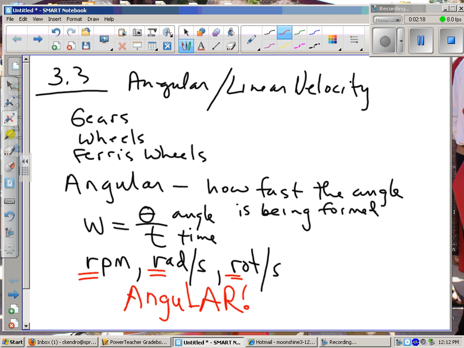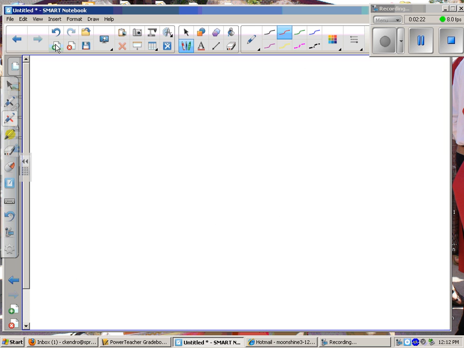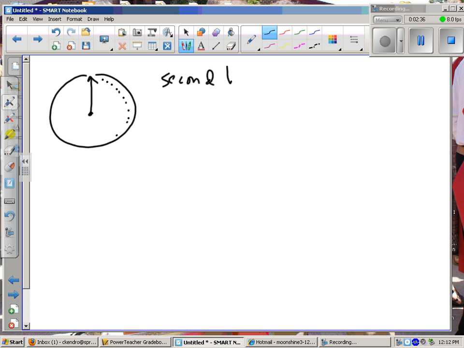All right, so let's try a quick question with angular velocity. Let's say we have a second hand on a clock, and I want to know its angular velocity.